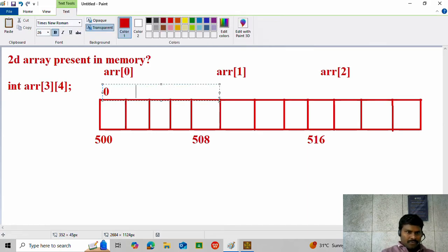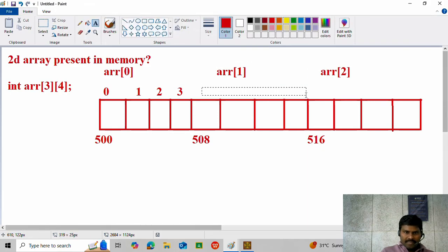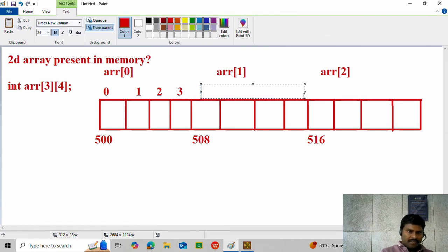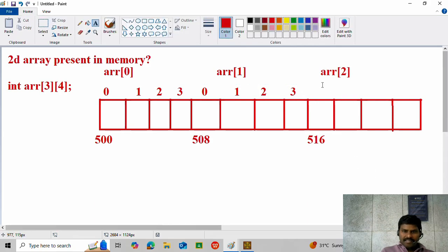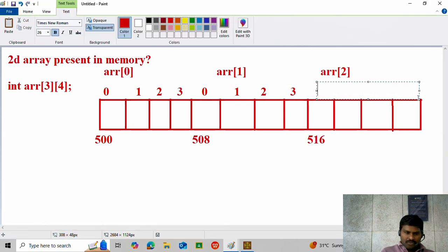Zero 0, 0 1, 0 2, 0 3. Similarly 1 0, 1 1, 1 2, 1 3. Similarly this element is 2 0, 2 1, 2 2, 2 3.